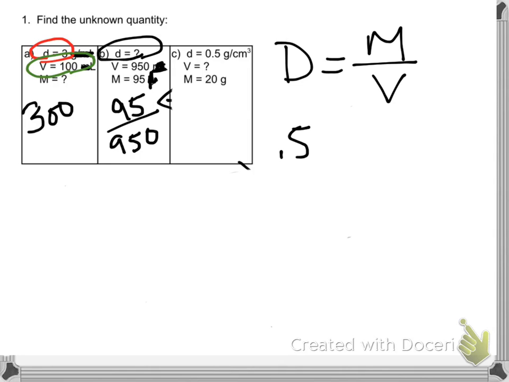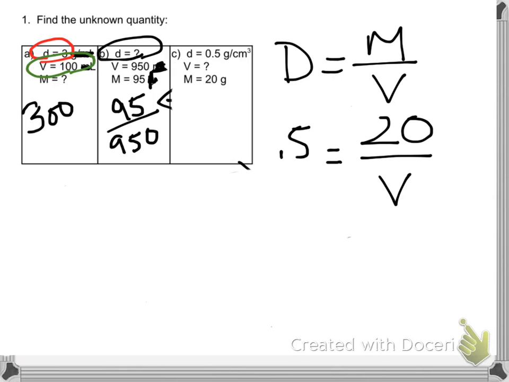I don't want more numbers. I want the least amount of numbers I have to deal with because I don't like decimals. I like fractions. I'd much prefer to be using a number 1/2 right now. Oh, well, I'll deal with it. So 0.5 is equal to volume. Don't know it, so I'll put a V. And mass is 20. That goes up here.